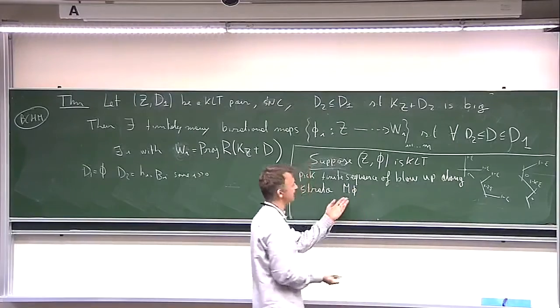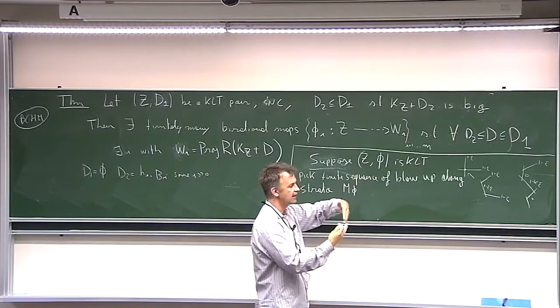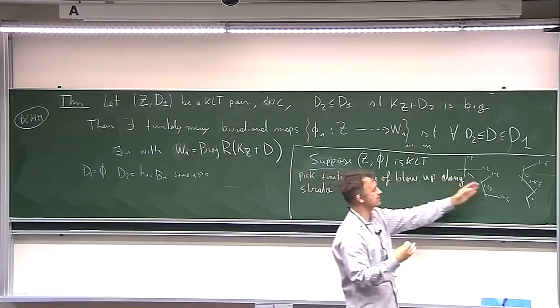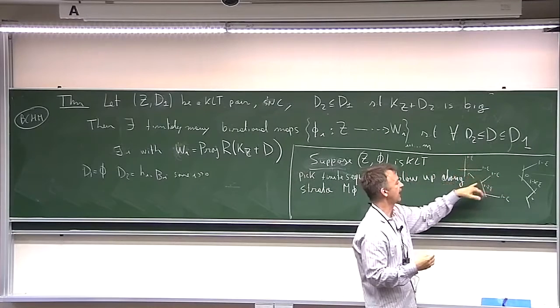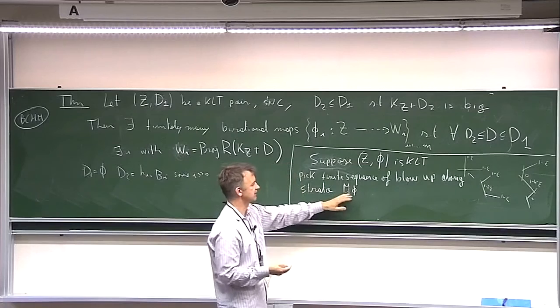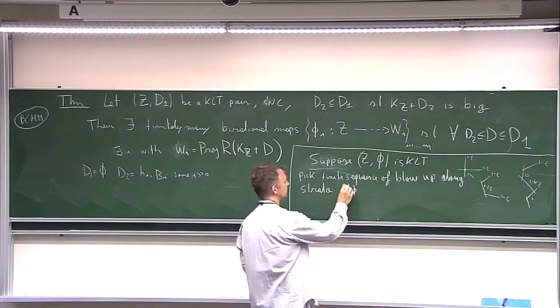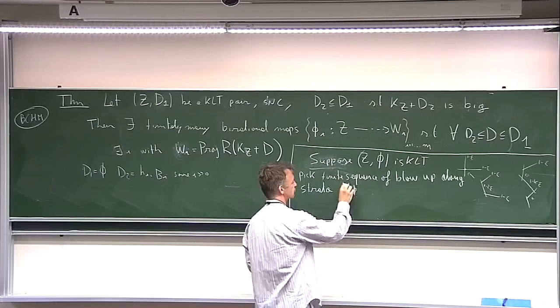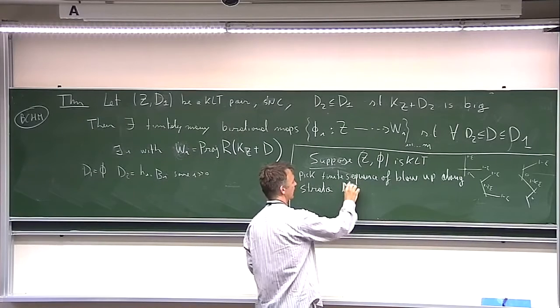What do I mean by this? Strata of phi and of its, you know, you have to do it many, many times, so you have to consider phi and its strict transform union the exceptional set. That's what I'm using this M to denote, this thing that keeps track of the strict transform of phi and the exceptional set.